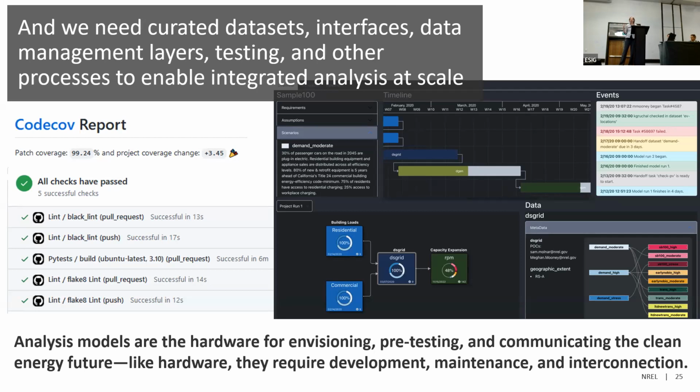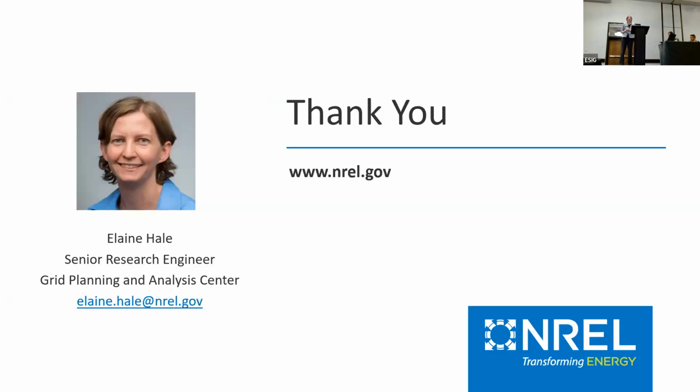You know, basically all these models and all these interconnections are the infrastructure that we use for envisioning, pre-testing, and communicating clean energy futures. And so we need to treat them like the infrastructure that they are, and pay attention to things like data sets, interfaces, data management layers, testing, etc. So with that, I'll conclude and thank you.